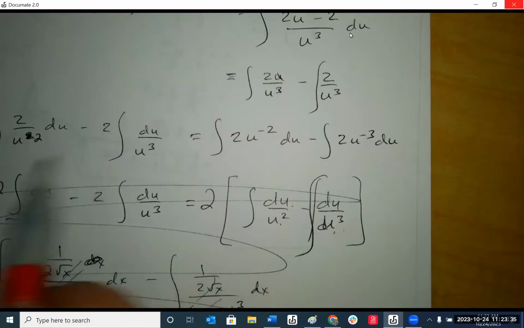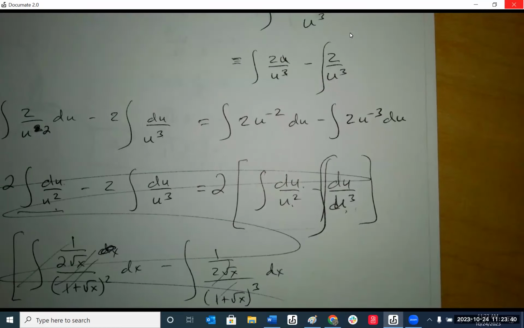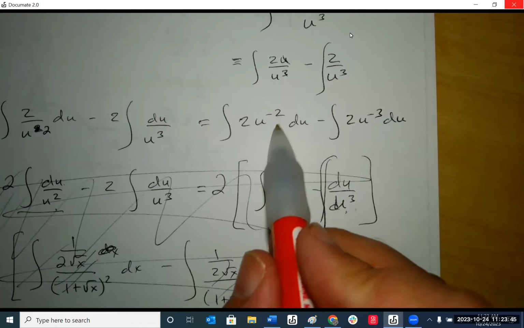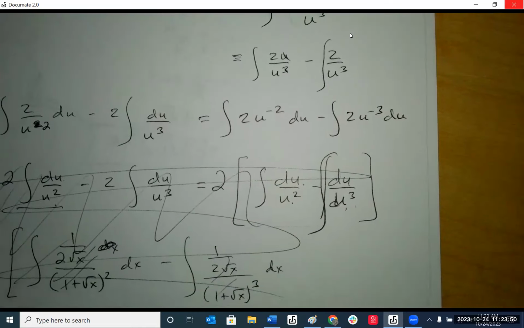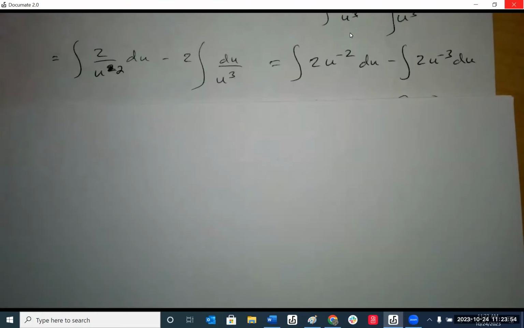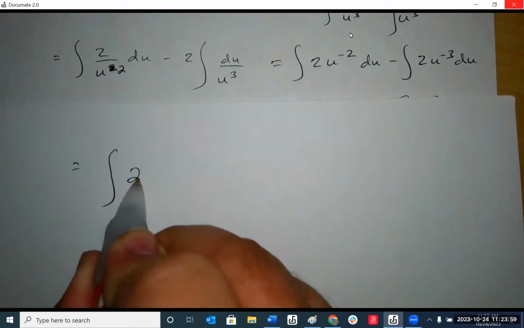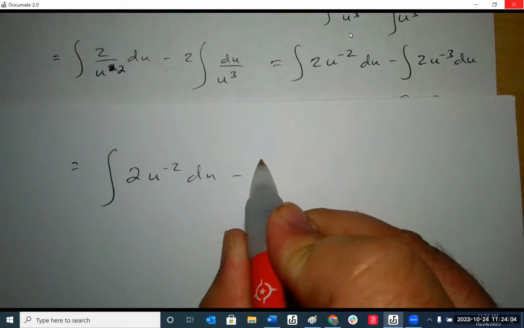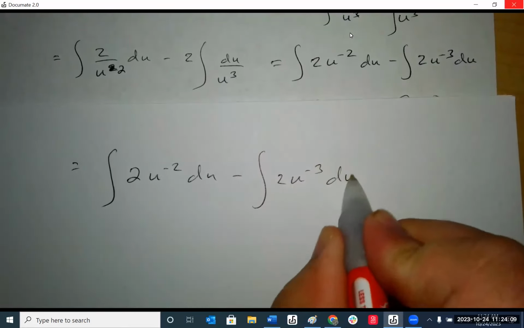I forgot that these were on the denominator, so they're negative exponents. So let's leave these like this, because now the rule says add one on top. So we have 2u negative 2 du minus 2u negative 3 du.